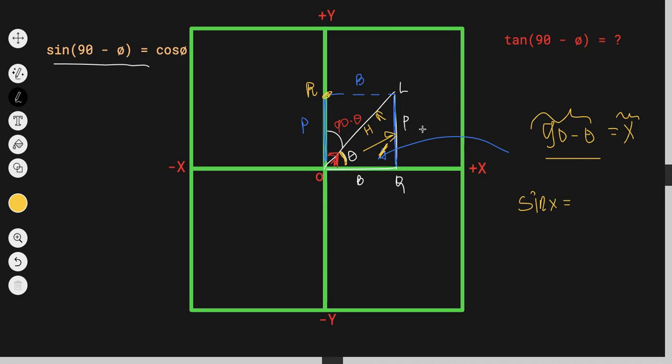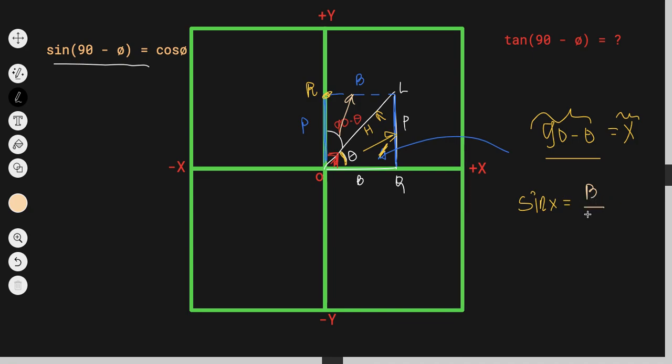Now let us look at this triangle and find the value of sine x, or sine of 90 minus theta. So we are in this part, right? In this case, what will be its perpendicular? Its perpendicular will be this side, which is the base.